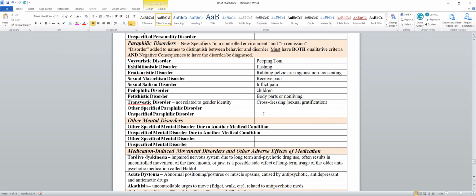So, subcategories of paraphilic disorders include voyeuristic disorder, the peeping Tom; exhibitionistic disorder, flashing; frotteuristic disorder, rubbing pelvic area against a non-consenting adult or other; sexual masochism disorder, receives pain; sexual sadism disorder, inflicts pain; pedophilic disorder, involves children; fetishistic disorder, body parts or non-living objects; transvestic disorder, not related to gender identity, it's cross-dressing, and it's specifically with sexual gratification.